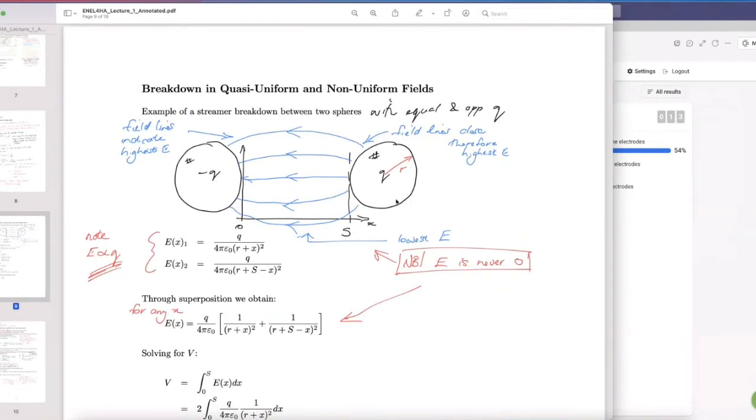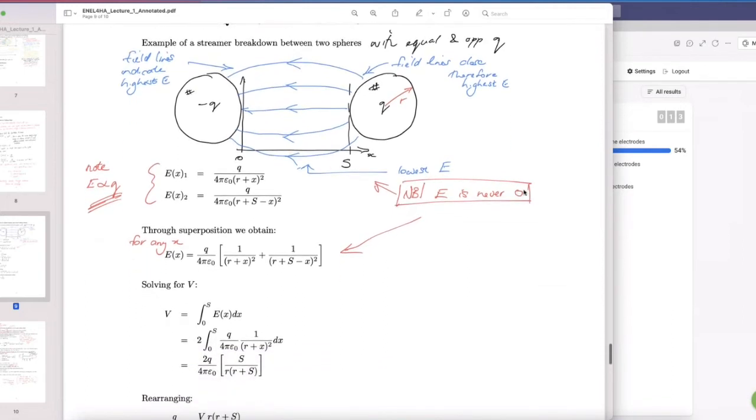So there I've drawn it out already. Again, electric field lines close to the sphere are the highest and E is never naught.